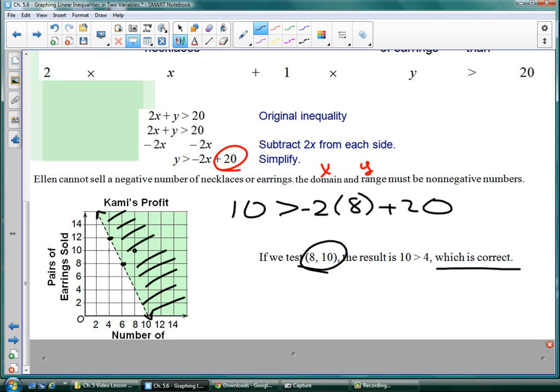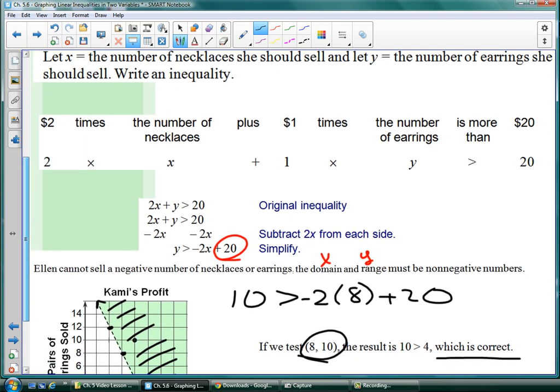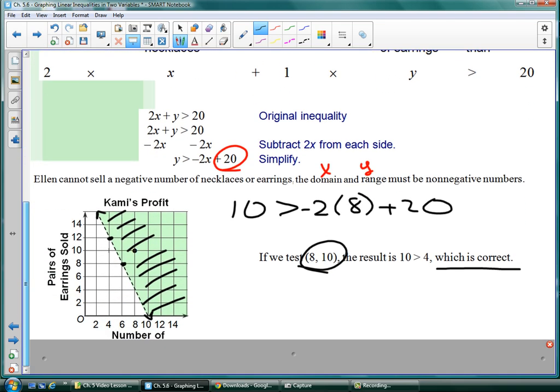In terms of understanding the problem, 8, 10 has an actual meaning. Since we defined our variables way back in the beginning, x is the number of necklaces.